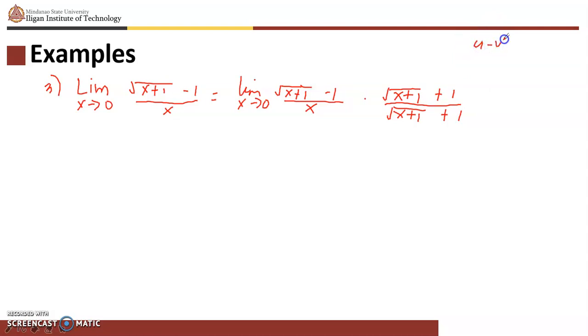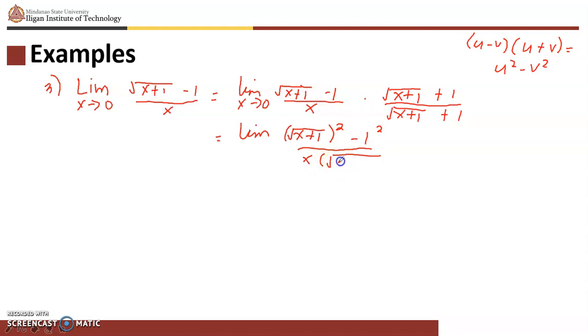Recall your special product formula: u minus v times u plus v is equal to u squared minus v squared. So from here, that should give us the limit now of square root of x plus 1 squared minus 1 squared all over x times the square root of x plus 1 plus 1 as x approaches 0.